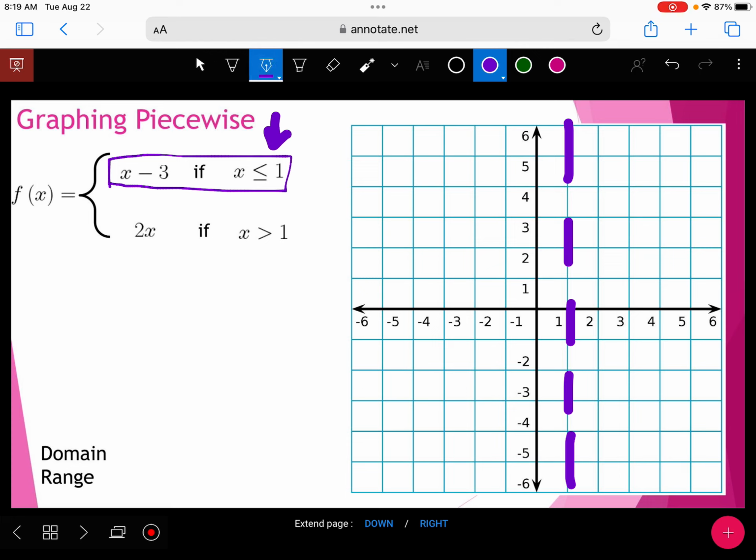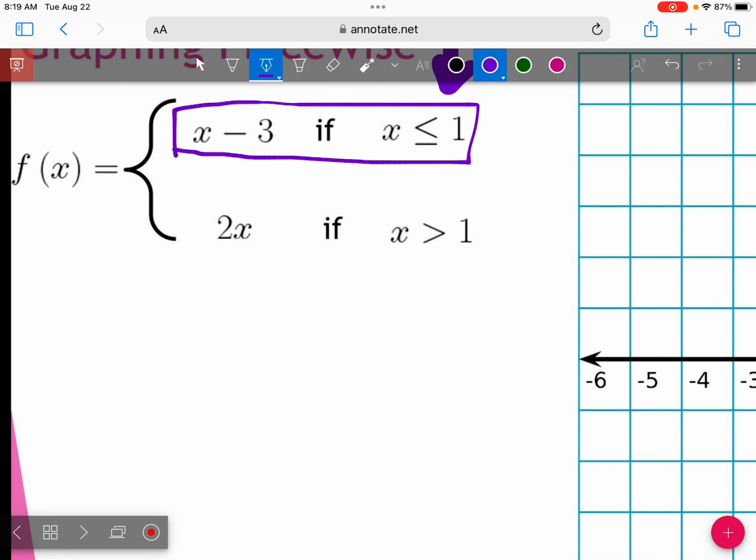For this first one, we have our y-axis, so we can graph this just like normal. y equals x minus 3. What's my y-intercept on this purple piece? -3.